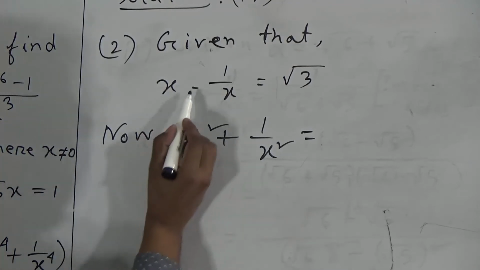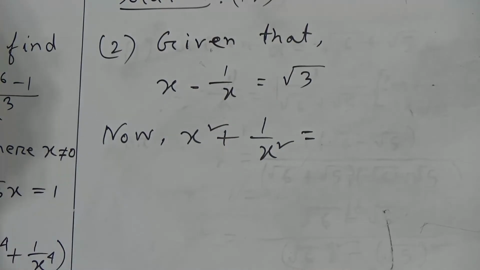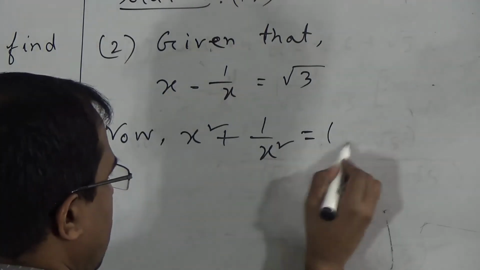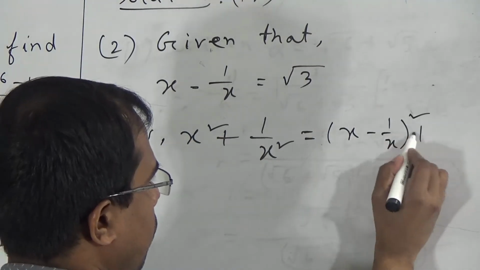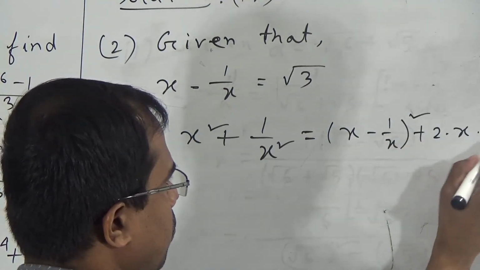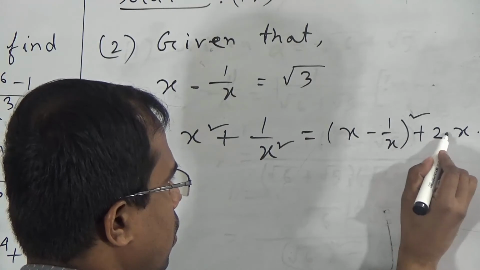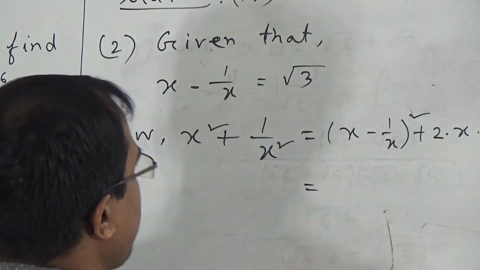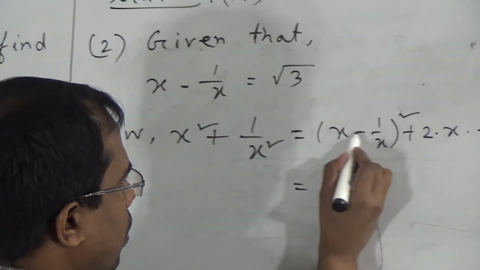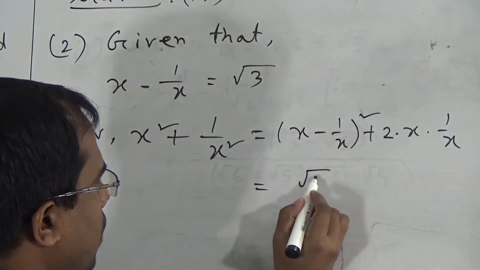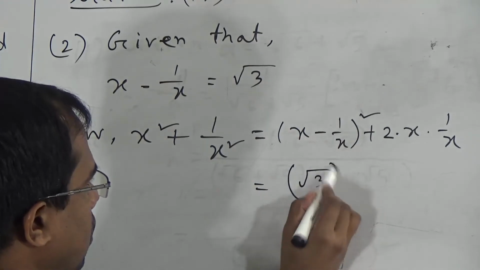Here value of x minus 1 by x is given. So we will apply formula a minus b whole square plus 2ab. Now x minus 1 by x equal to root 3 given, so we can put the value root 3 instead of x minus 1 by x.